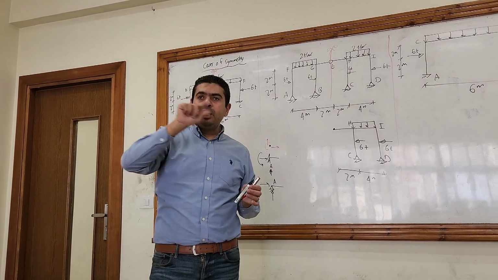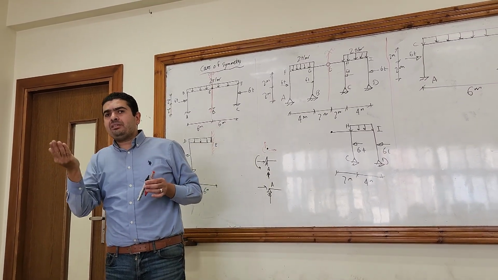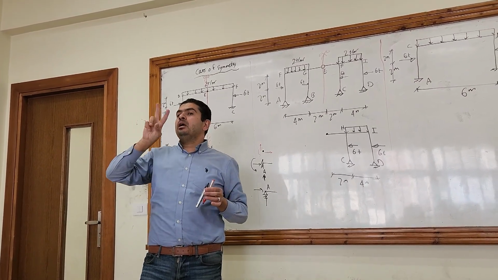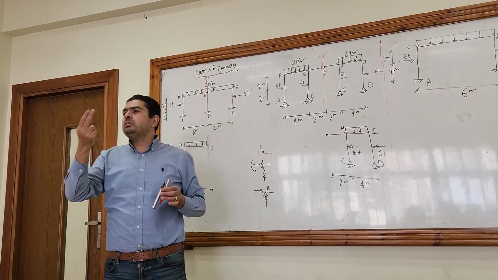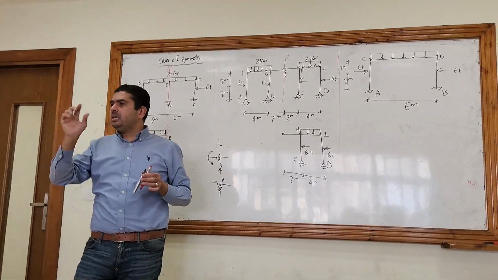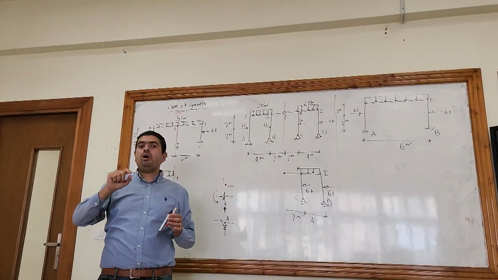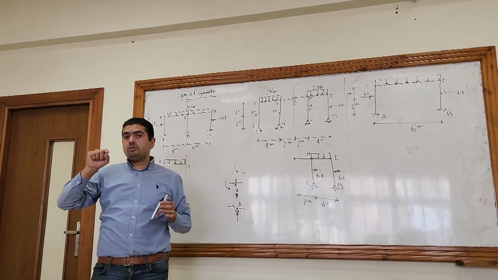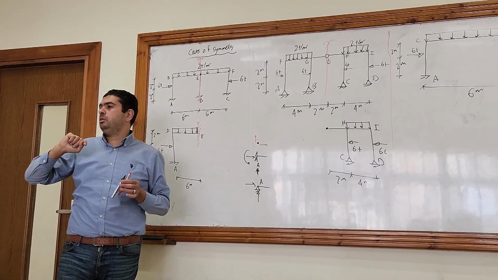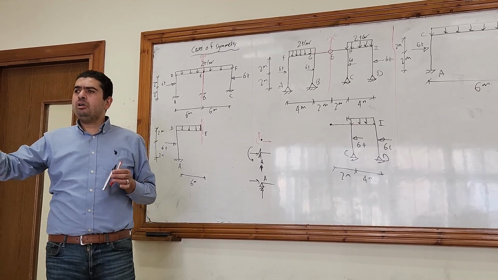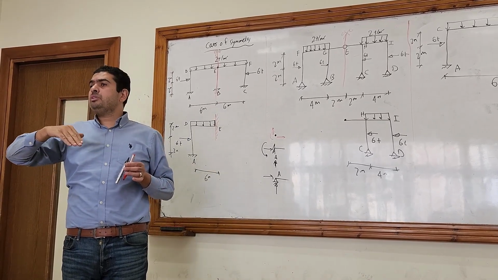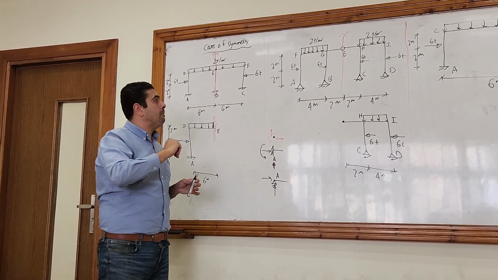No, because at any point, the rotation right and the rotation left are equal. The only point that has a different rotation before it and after it is the hinge. That's why when I asked about the rotation at the hinge, I asked to calculate the relative rotation. It's in Arabic called Dawran Nisbi, okay? Relative rotation. So that means that there is a rotation right and a rotation left.